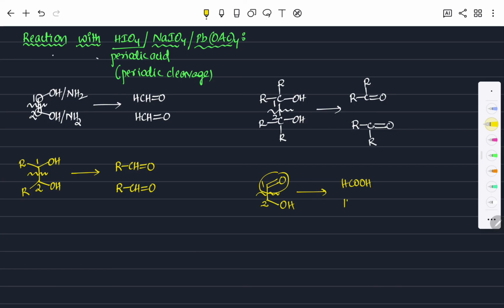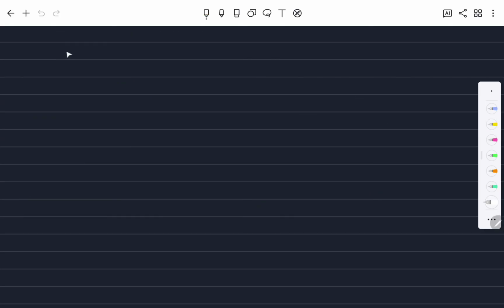And the second carbon converts into formaldehyde. Suppose both are aldehydes, CHO, CHO. When you use these reagents, again at the 1,2-position we break the C-C bond. It is already in the aldehyde state, therefore both convert into formic acid.